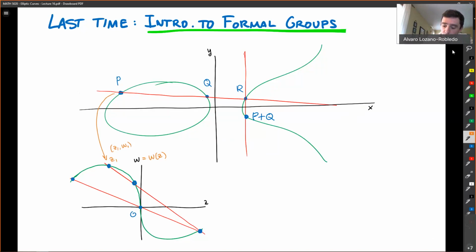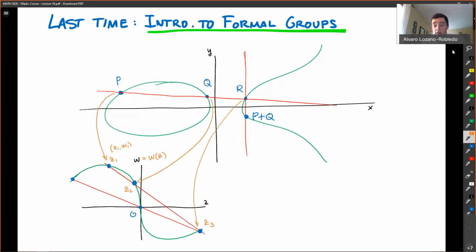And in the change of variables, Q corresponds to this point here, with a coordinate z2, and then the point R is going to be the third point of intersection, since lines go to lines in this change of variables. So it goes here, and I get a third point of intersection. That's a third z value.